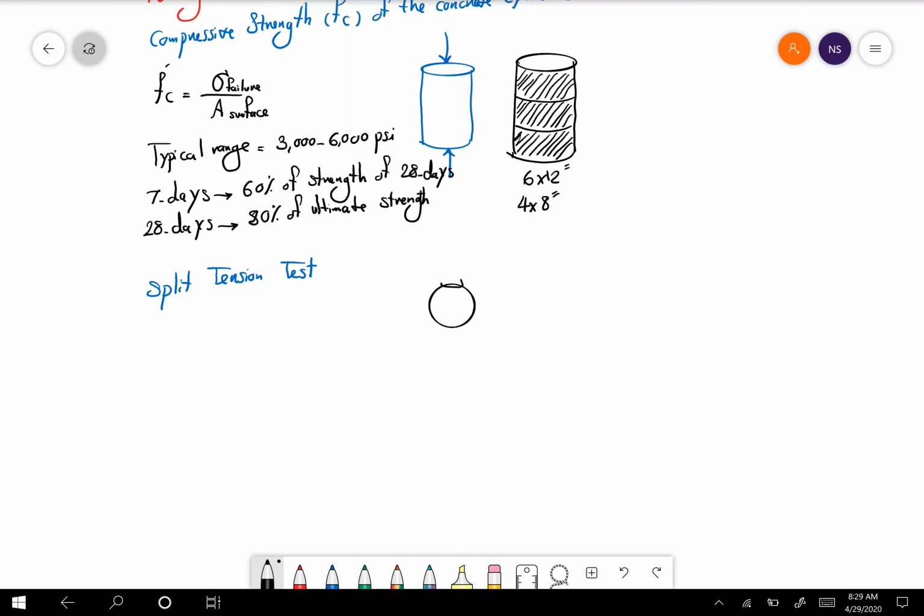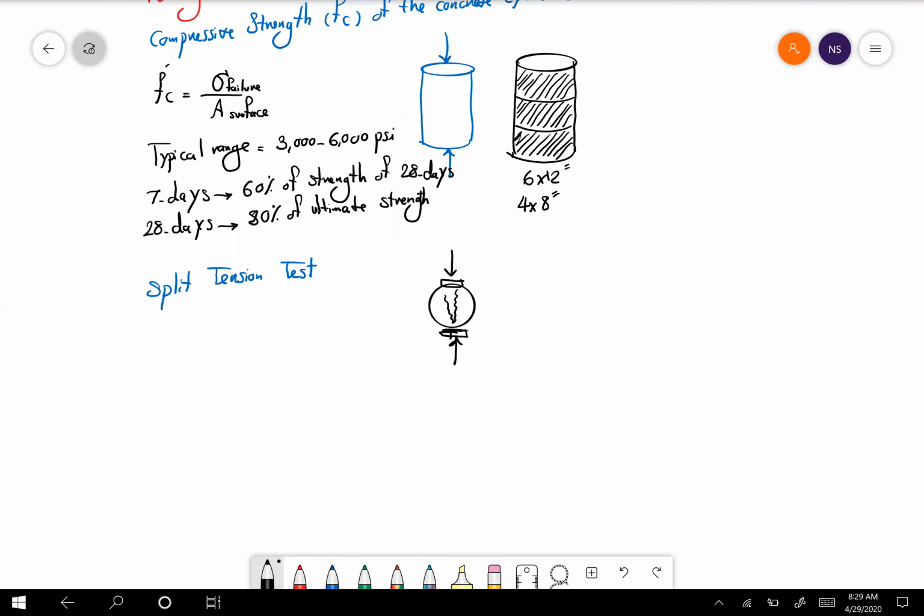And you apply pressure on the side of the sample to know when it starts to crack and split in half, right? And that's called the split tensile strength.